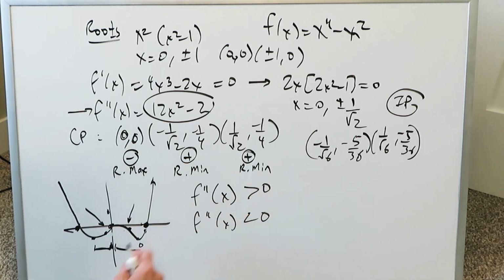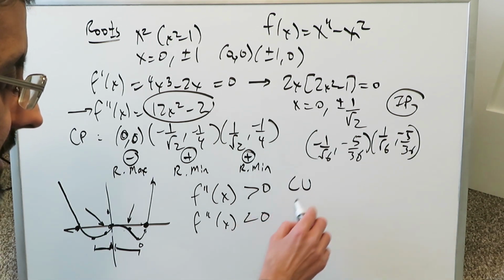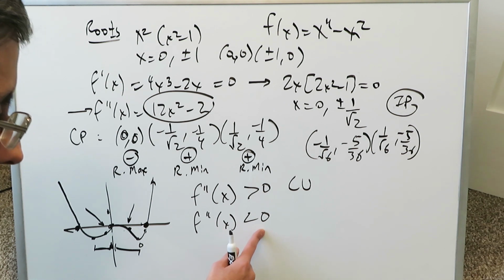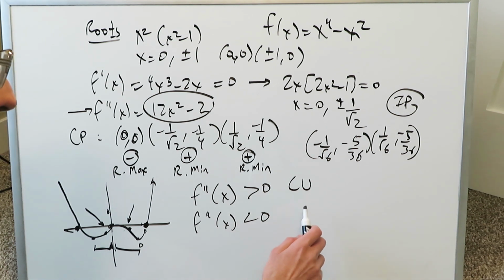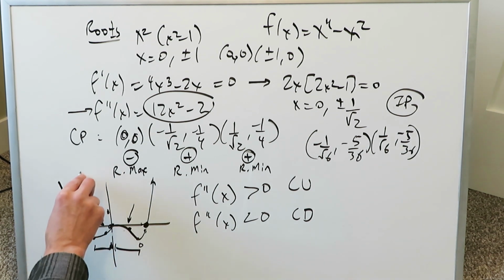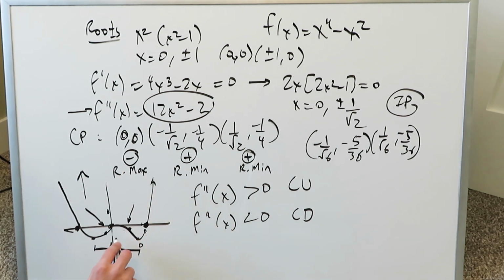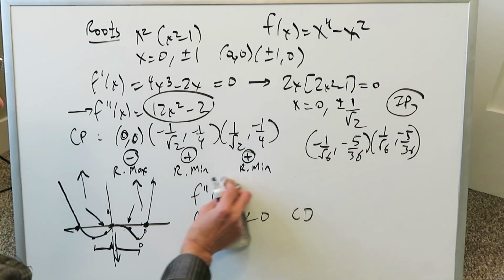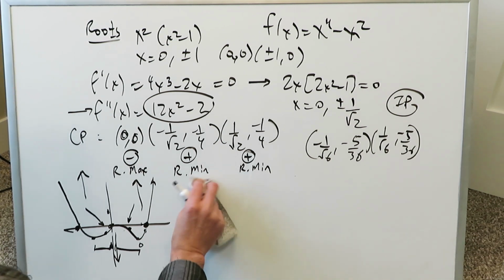If this is greater than 0, you know you're looking at a relative minimum, and then you'll have a concavity up. When you're looking at this, you know you're looking at a relative maximum, and then you'll have a concavity down. Here I'll have a concavity up pointing up. In this part I'll have a concavity down pointing down, and then here I have a concavity pointing upwards.